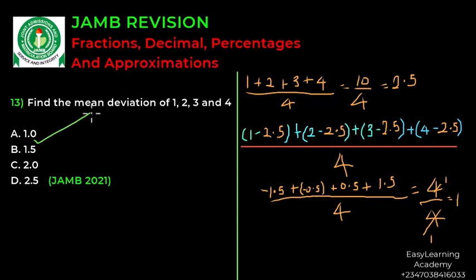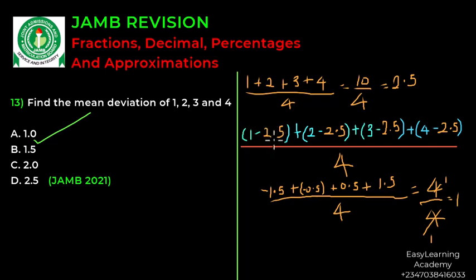All right, so that was very simple. When you're asked to find the mean deviation, find the mean first. That's what we did here. We added up 1 plus 2 plus 3 plus 4, that gave us 10, and we divided it by the total number of numbers we had, which was 4, and that was 2.5. Now we need to find the absolute values.